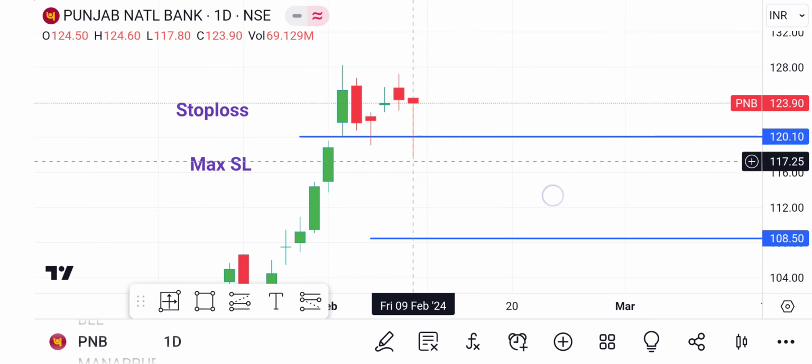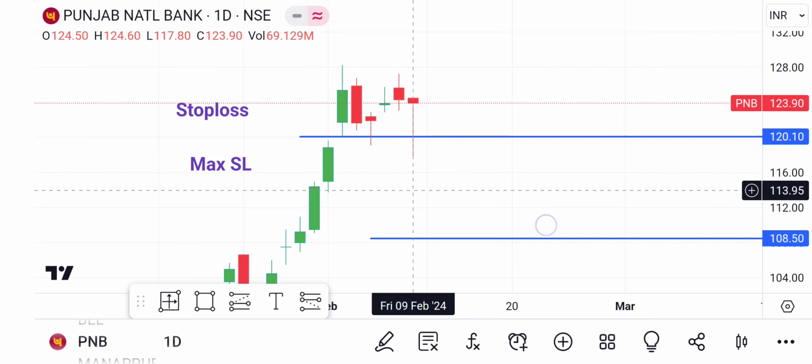How can you confirm this? You can confirm this using max stop loss. Max stop loss is a point which you would not allow the stock to go beyond. Suppose the stock goes beyond this max stop loss point, you will exit the trade.